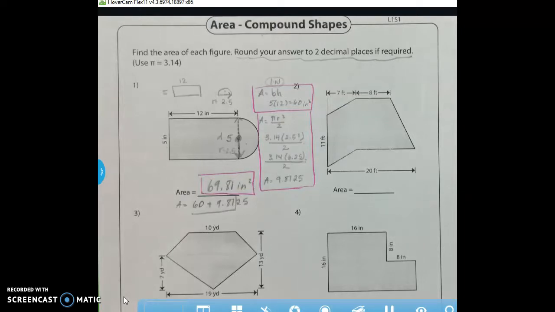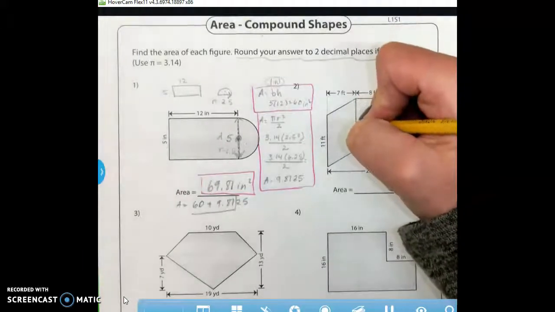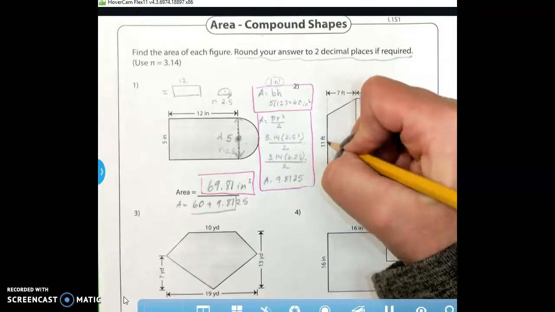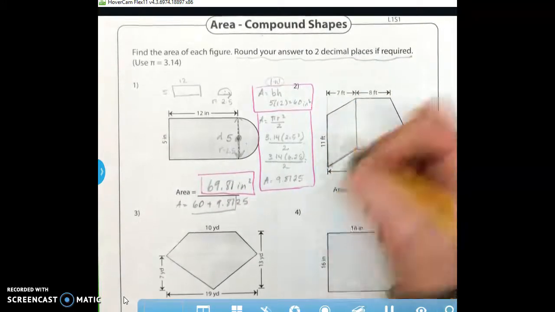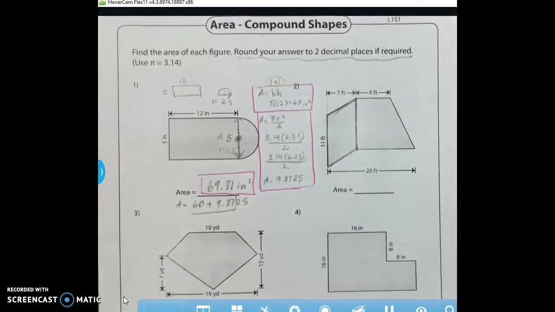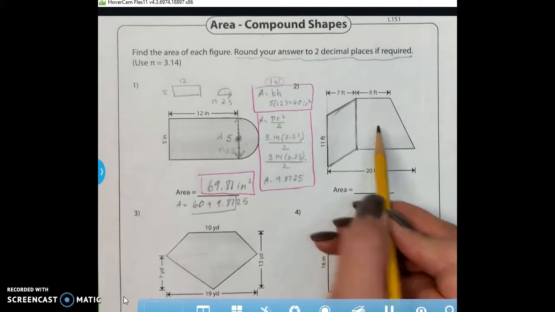So for shape number 2, it's really unique how it's structured. So I'm going to do the splitting of the lines, creating additional lines. Here we had a handy little line, but for this shape we don't. All right, so we have a parallelogram and a trapezoid.